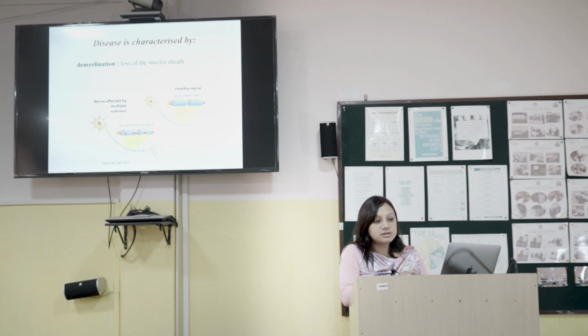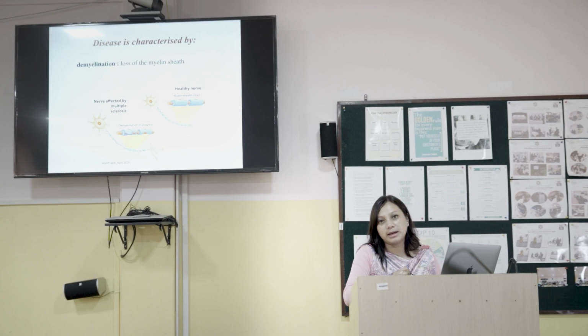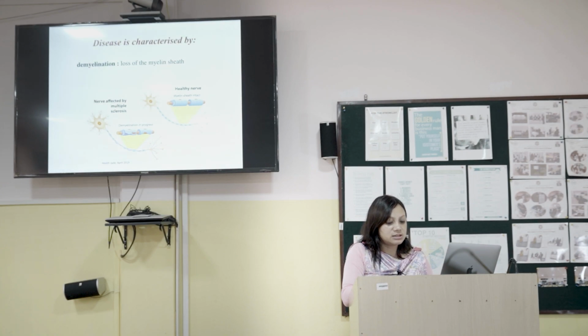The disease multiple sclerosis is characterized by demyelination, or loss of the myelin sheath. As you can see in the image, the myelin sheath is a fatty sheath that surrounds the axons of neurons, or nerve cells.